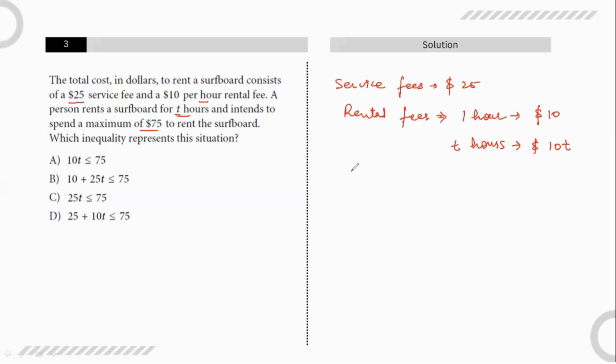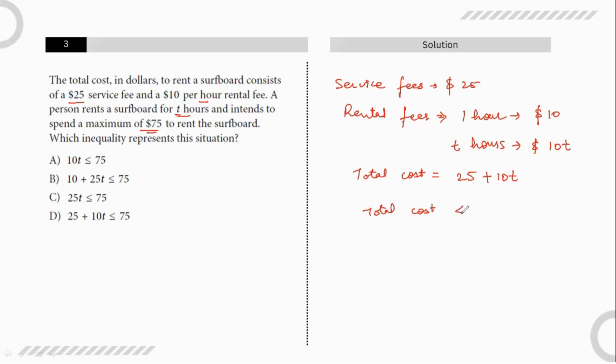So can we say that total cost will be how much? Total cost of renting must be 25, which is the fixed cost, right? That's the service cost, plus the rental cost, that is 10T. And the question says that the person intends to spend a maximum of 75. That means total cost cannot be greater than 75, maximum 75.